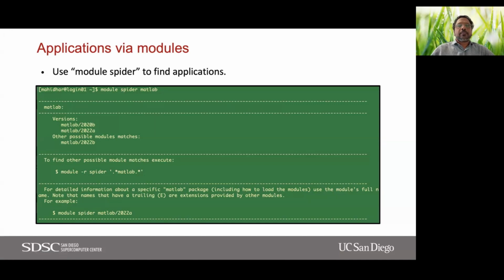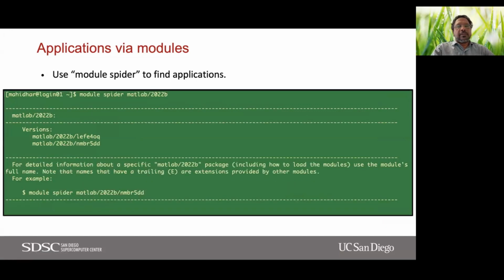For example, if you do module spider MATLAB 2022B, it's going to give you all the versions that are available there. Now, you might be wondering why there are two versions. The reason is on Expanse, we actually have different hardware on the GPU nodes versus the CPU nodes in terms of the CPUs themselves.